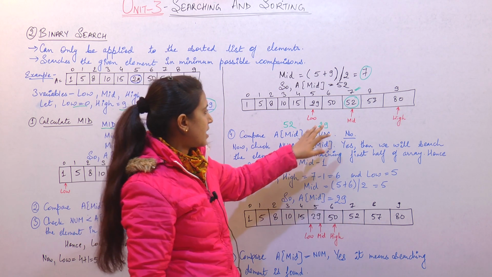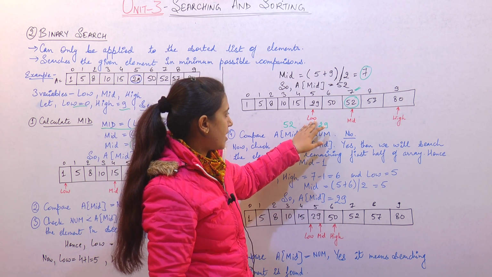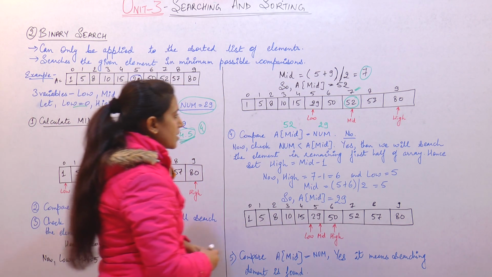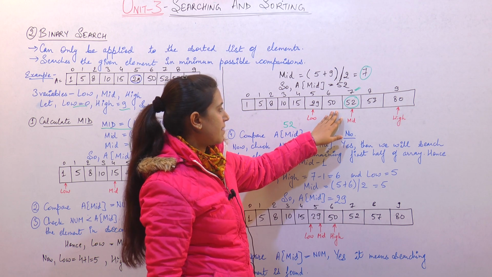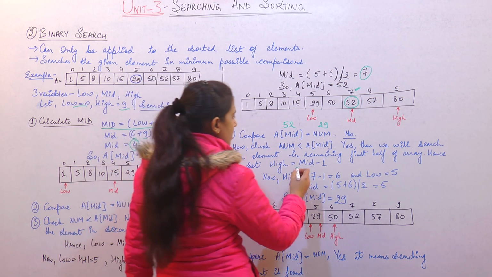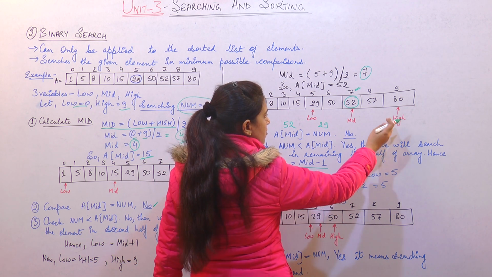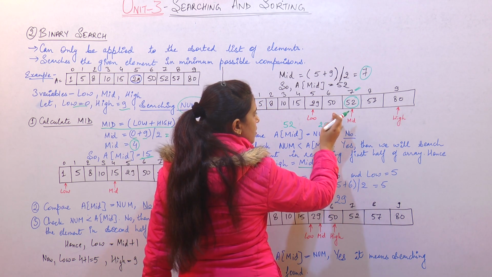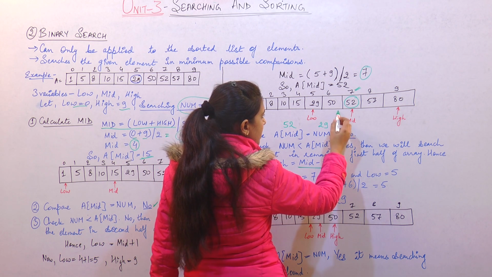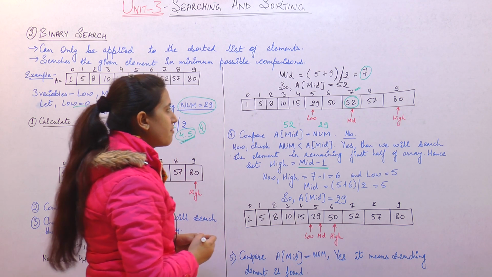For searching in the first half of the array, the value of high will become mid minus 1. The value of high shifts to the left side: mid minus 1 means 6, since mid is 7.